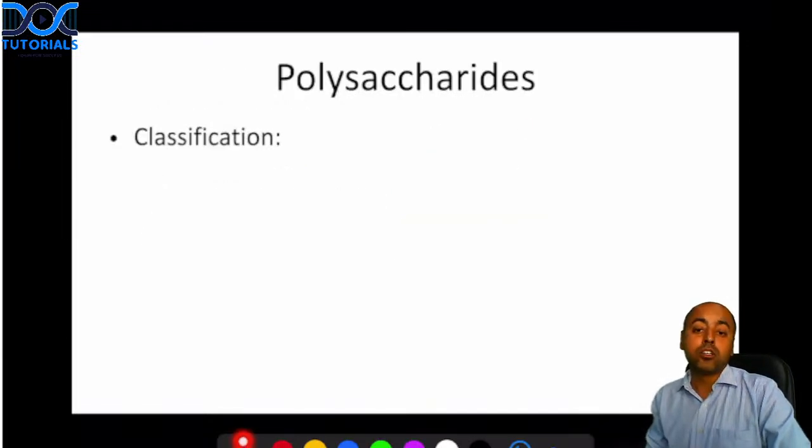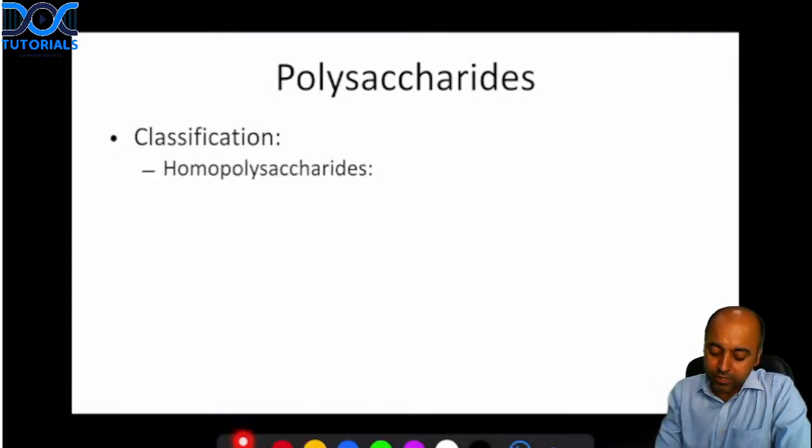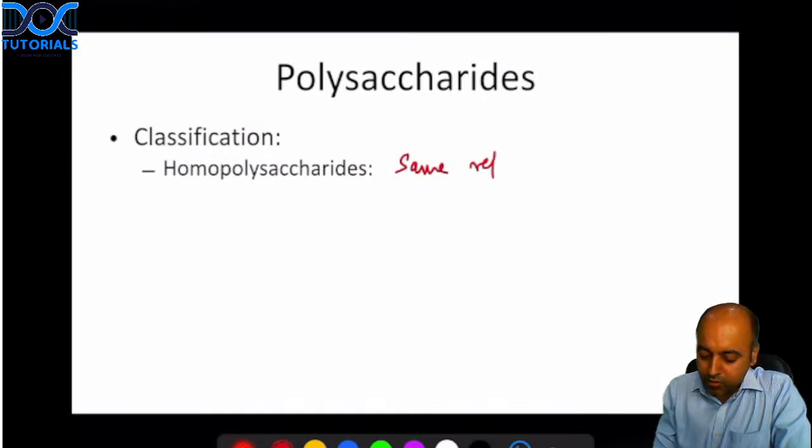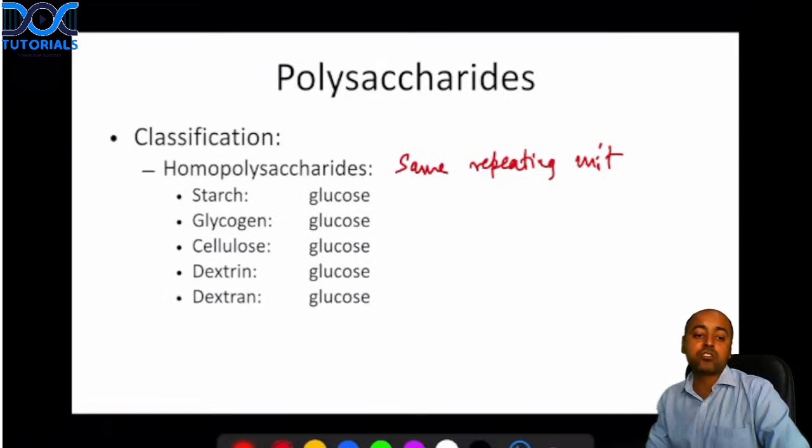So take a quick look at the classification. Polysaccharides can be homopolysaccharides or heteropolysaccharides. Homopolysaccharides have the same repeating unit. If you have glucose, you can have starch, glycogen, cellulose, dextrin, dextran.